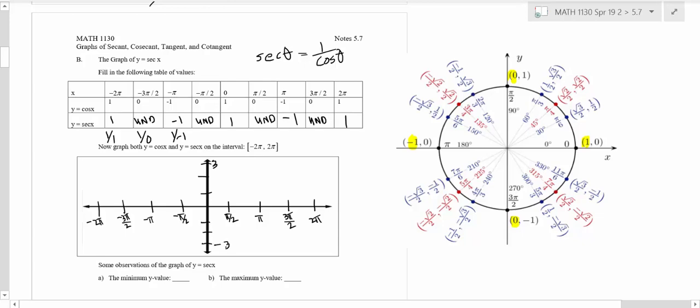So we're going to do the same approach on this. You want to start by, everywhere you're undefined in my table, you want to put a vertical asymptote. So on the secant, the asymptotes are in a different place. So you'd have one at negative 3 pi over 2. You'd have one at negative pi over 2.